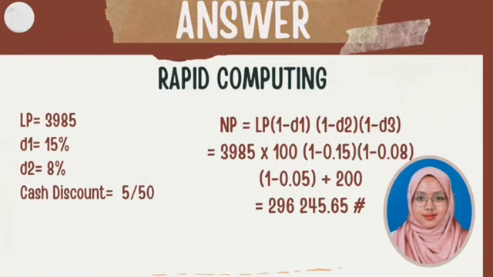So the answer is 3985 times 100 times 1 minus 0.15 times 1 minus 0.08 and then 1 minus 0.05 plus 200. So the final answer is 296,245.65.